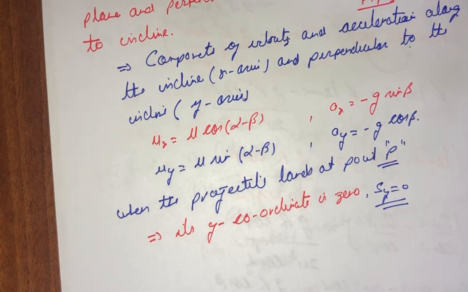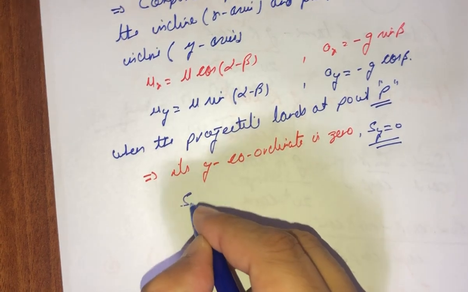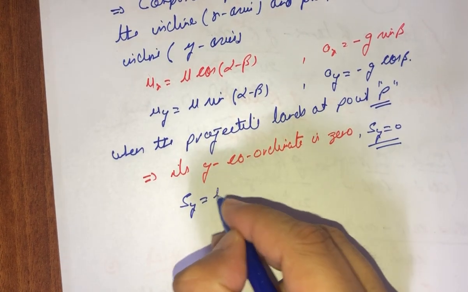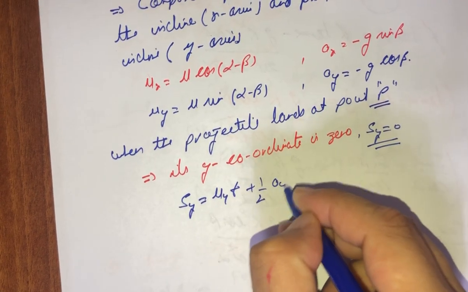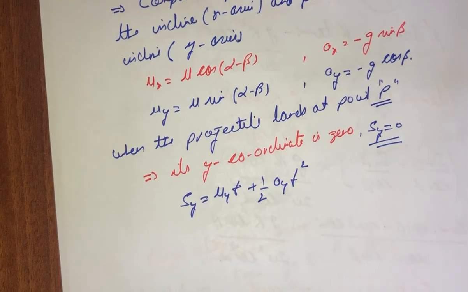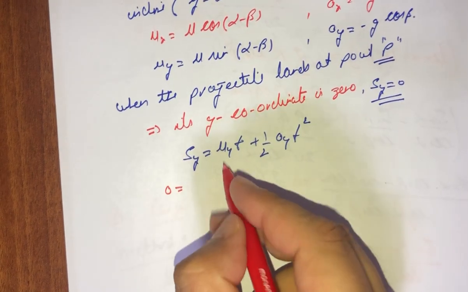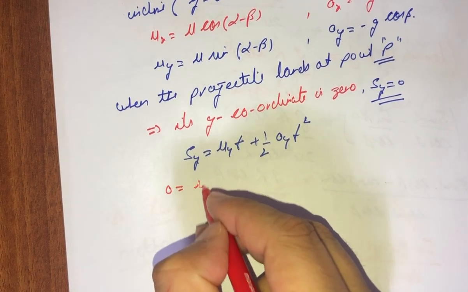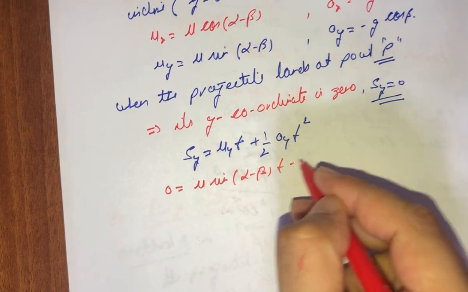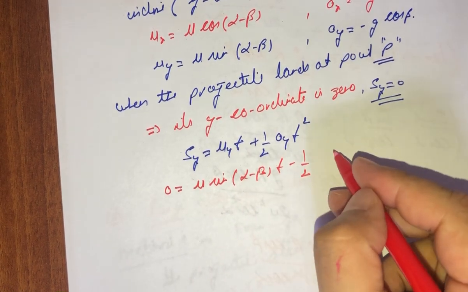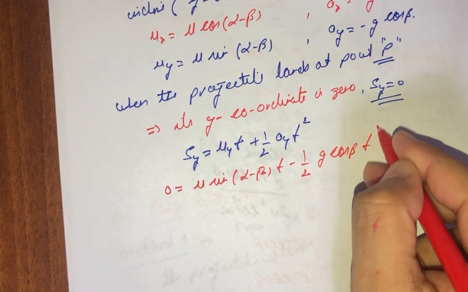So we are going to use the kinematics equation that S of y is equal to u y t plus half a y t square. S of y is 0, so 0, u y we already know is given as u sine of alpha minus beta into t minus half a y, which is g cos of beta, t square.